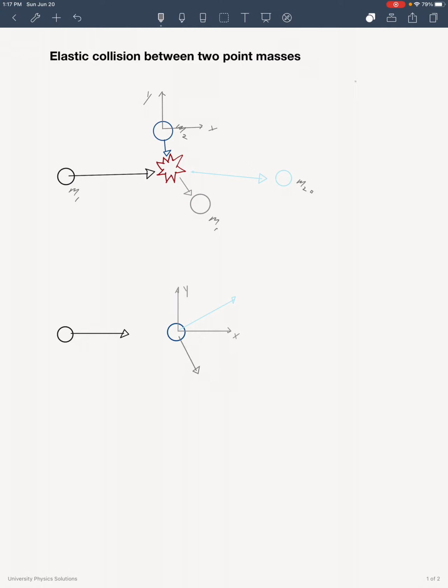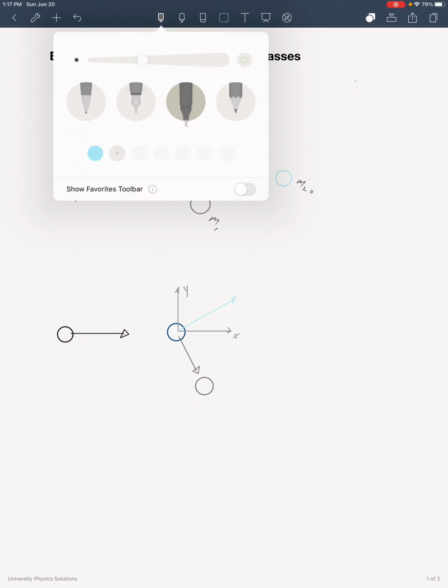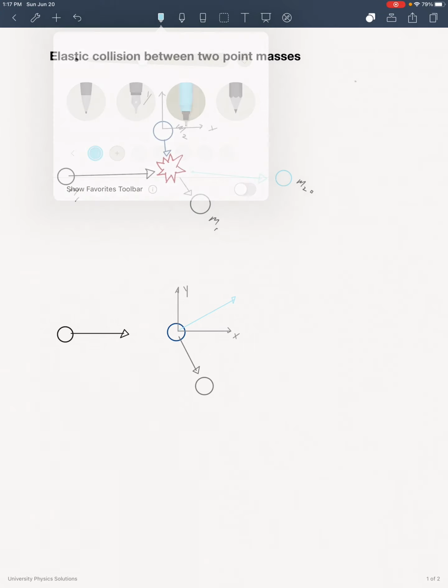Maybe something like that. Okay, so this will be the final states. M1 is now here, and M2 is here. And they have velocity components that I've drawn there. And so I'll go ahead and put the velocity components on top of them. Since they are vectors, I can take them and put them anywhere, so long as I don't change their size or their shape.